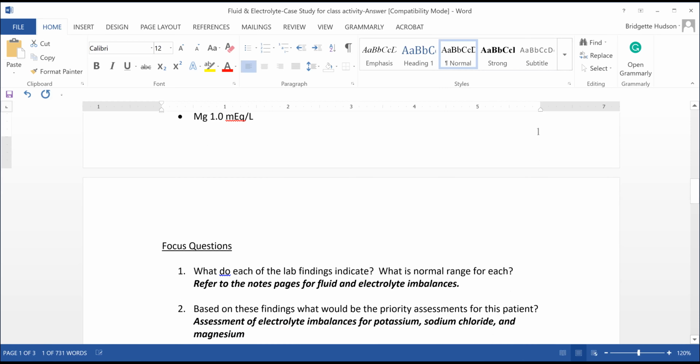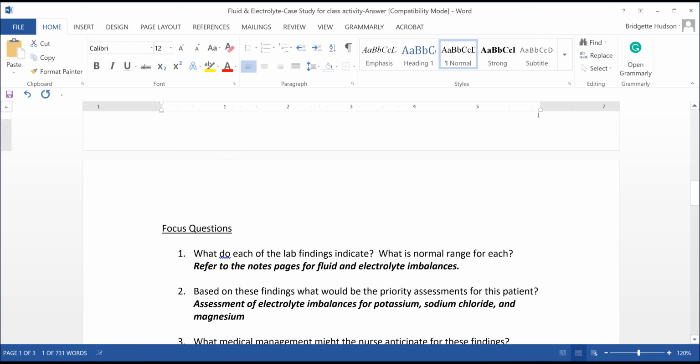All right, so now what is our concern with the sodium? Because our sodium is low too. Nerve conduction, okay. Are we going to give the Kayexalate for which one, Lissa?